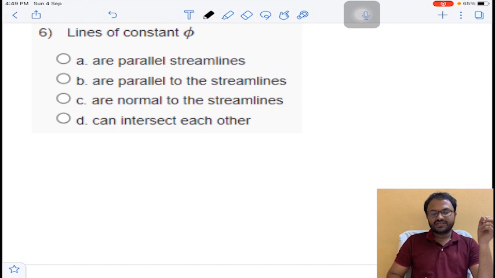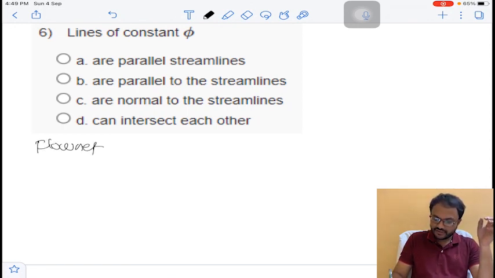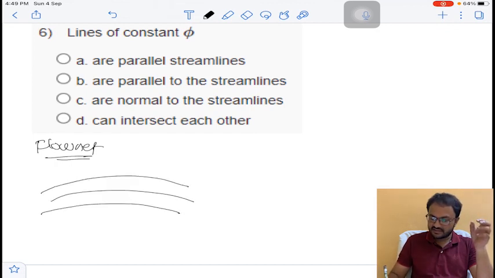Coming to the next question, the 6th question, lines of constant phi. We have a concept called the flow net. In the flow net, these are all the streamlines. That is, the streamline symbol is psi 1, psi 2, psi 3, psi 4.